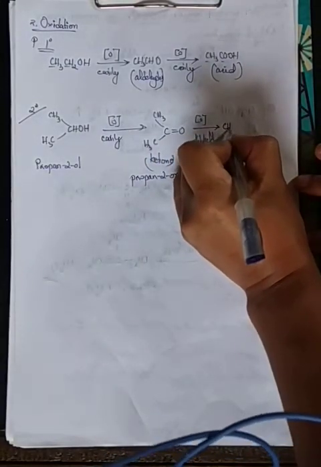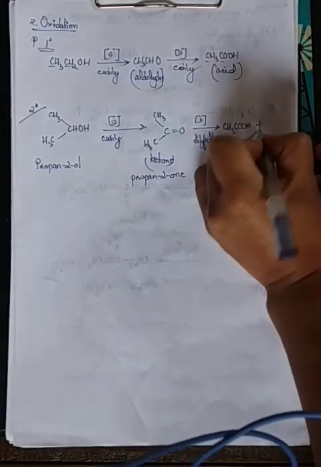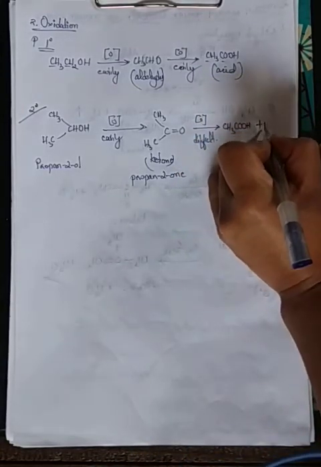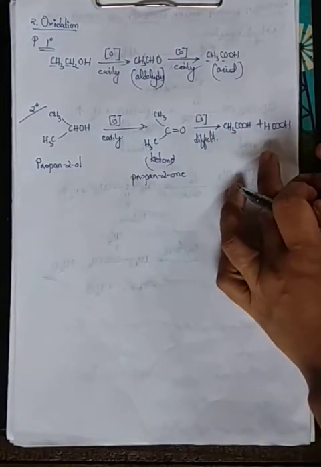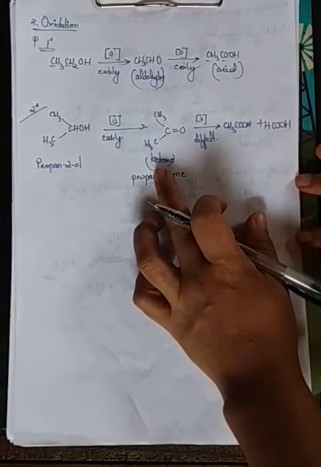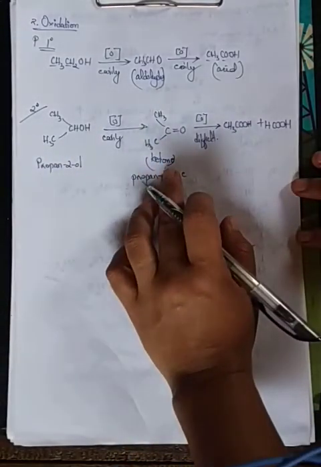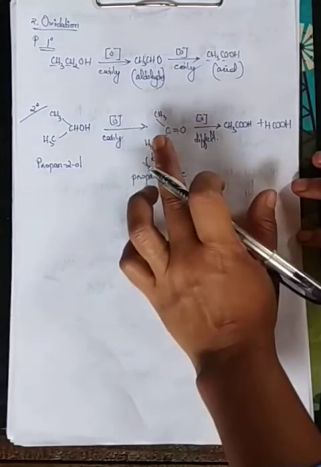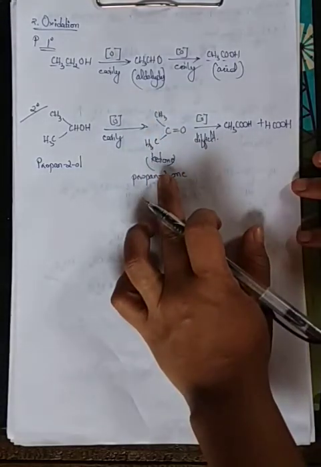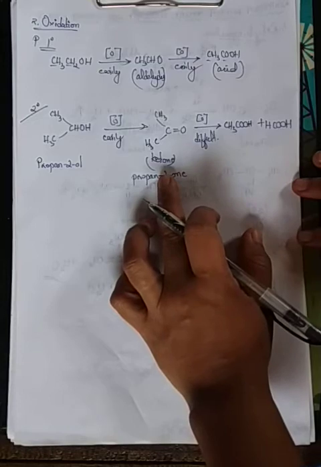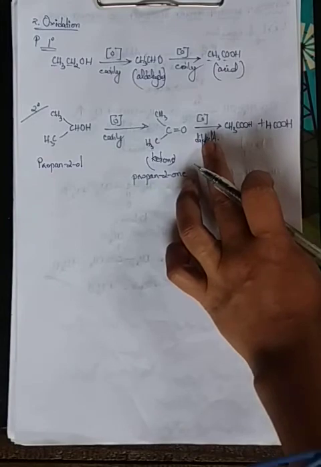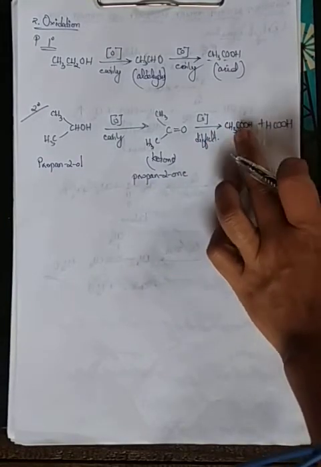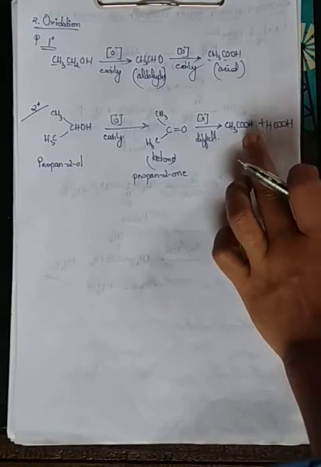It will give us a mixture of acids, such as CH3COOH, each having a lesser number of carbon atoms than the alcohol. Therefore, a secondary alcohol gets oxidized easily to give us a ketone, and then this ketone gets oxidized only under vigorous conditions to form a mixture of carboxylic acids, and both the acids contain a lesser number of carbon atoms.